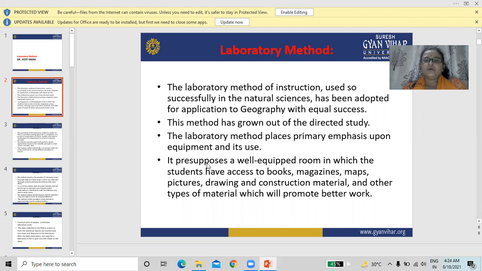The laboratory method places primary emphasis upon equipment and its uses.